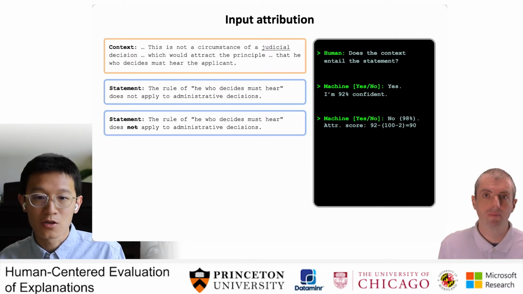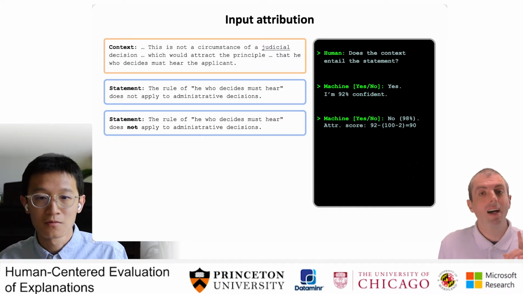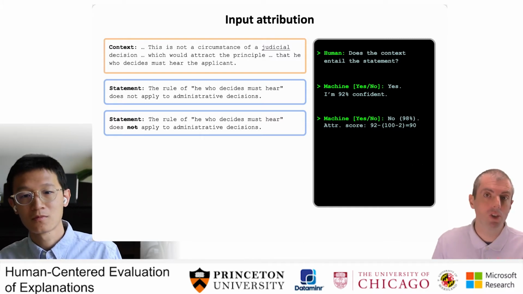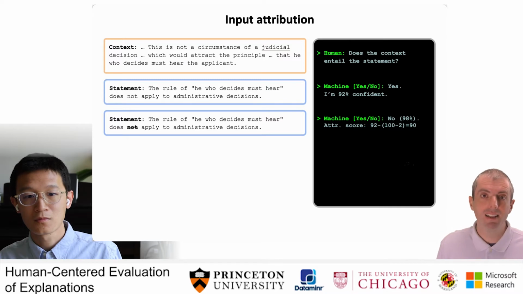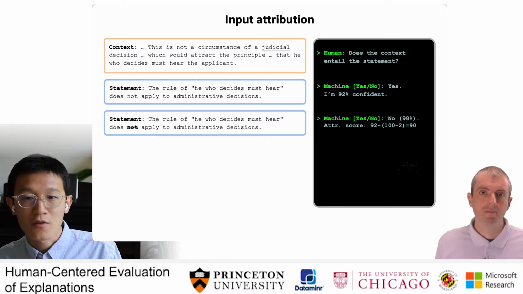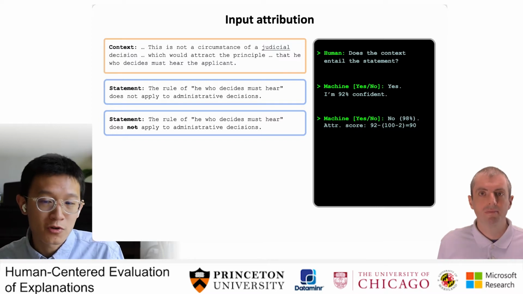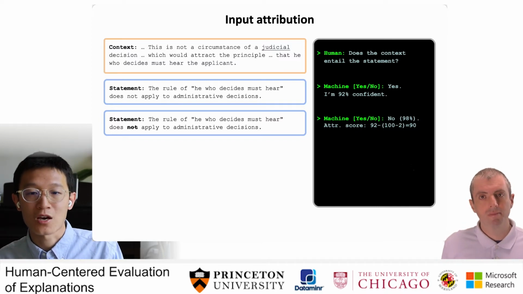This gives us a way to compute the importance or attribution score of the word not. So if a word, when it's removed, changes the confidence a lot, it must have been important for the original prediction. Exactly. Here, the confidence after the removal is 98% for no, which means only 2% probability is assigned to yes.